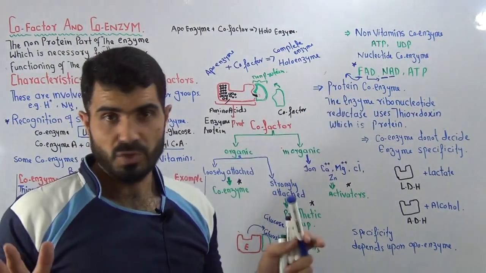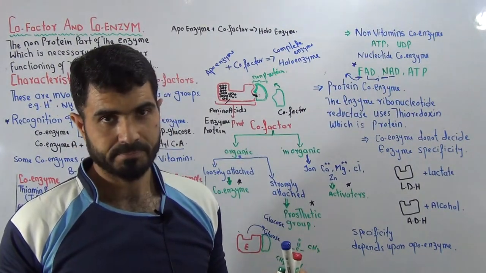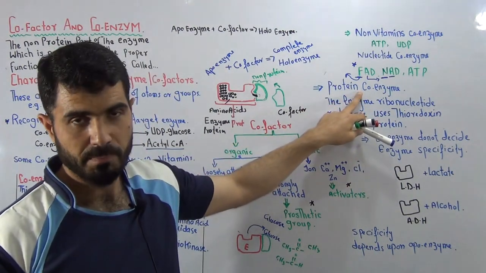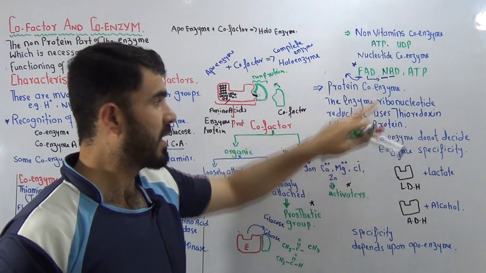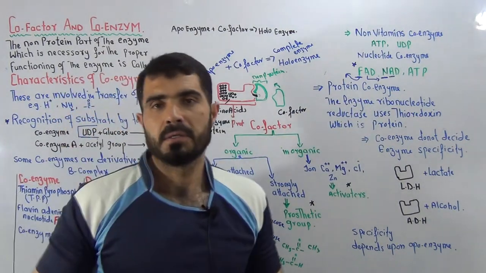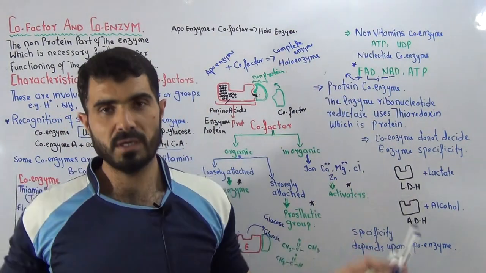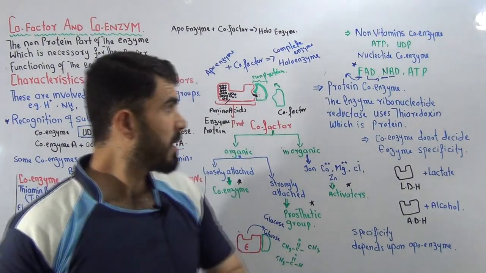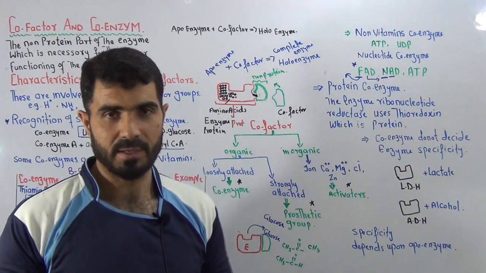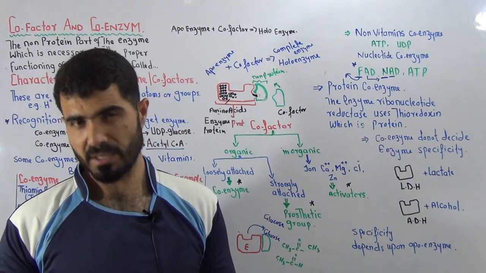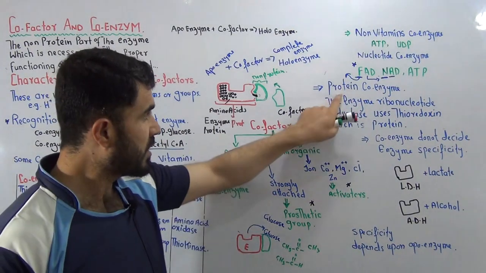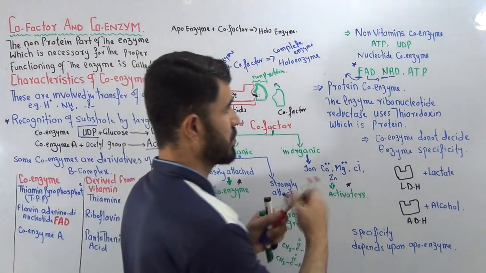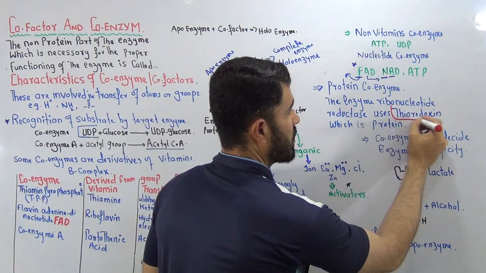Now, this is a really very important point. Believe me, for the first time I heard this from the book of Satyanarayan, that the majority of coenzymes are non-protein. But there is one example of a coenzyme that is a protein coenzyme. Which one? The enzyme ribonucleotide reductase uses thioredoxin.